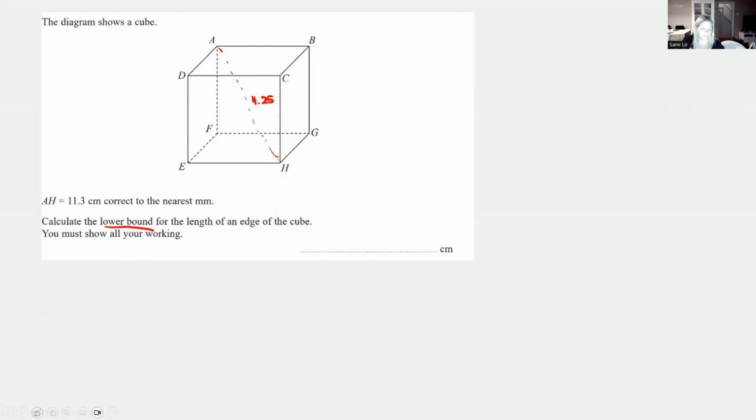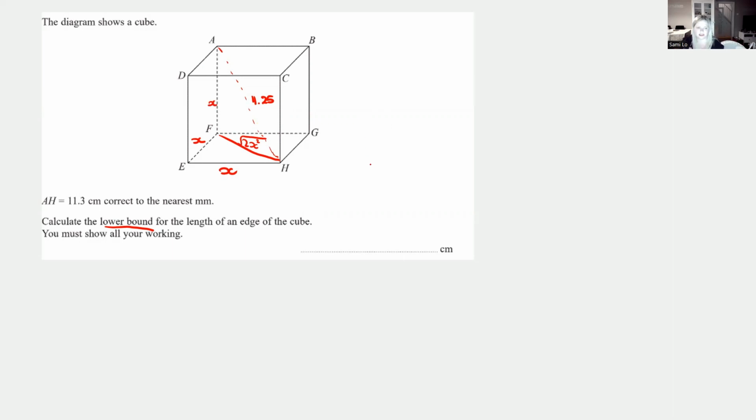Let's have a look at this then. So it's a cube. With a cube, we're actually following that same rule that we just looked at. So if we have x and x, that would give us 2x squared, square root of that, times by x, which is what we've just done.